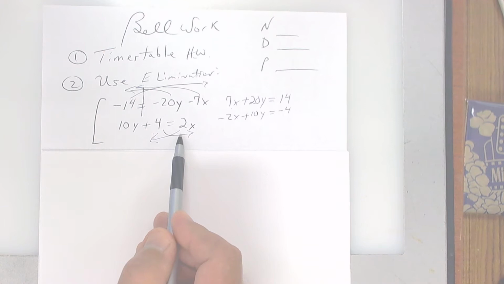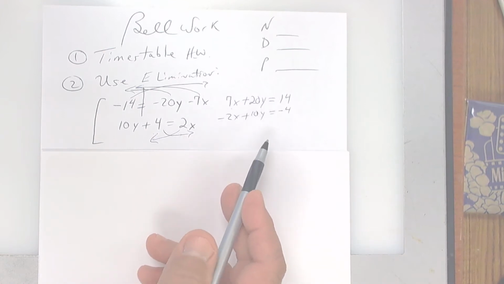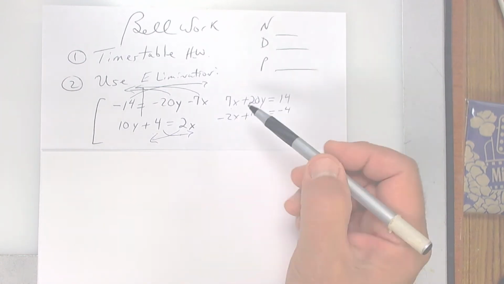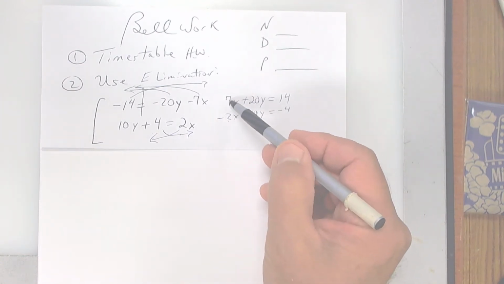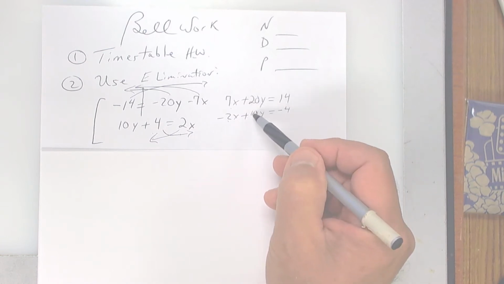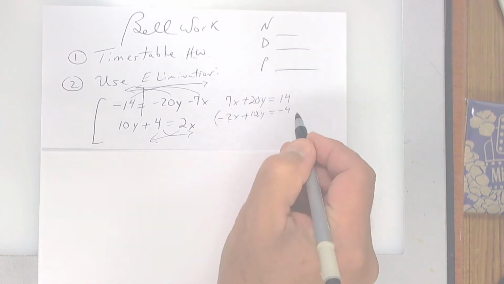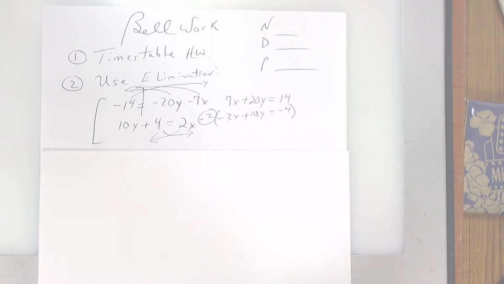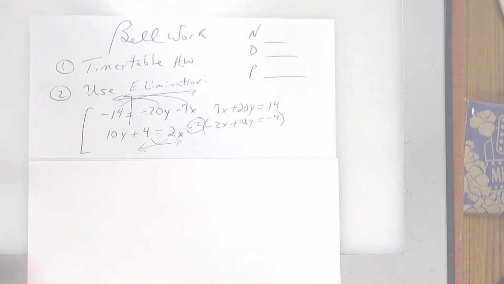All right, now that I did that, and I'm checking it as we're looking here, the easiest way to get rid of this is you could use 14 here, but we don't want to use 14. We just want to multiply this by 2. But we don't want 2, because it's going to be a positive 20. We want a negative 2. So we're going to multiply this whole thing by negative 2. The top one stays the same.